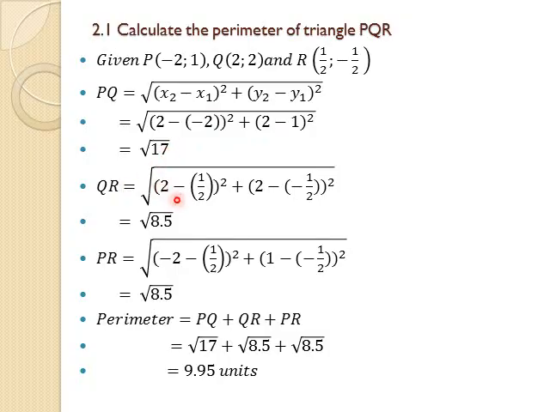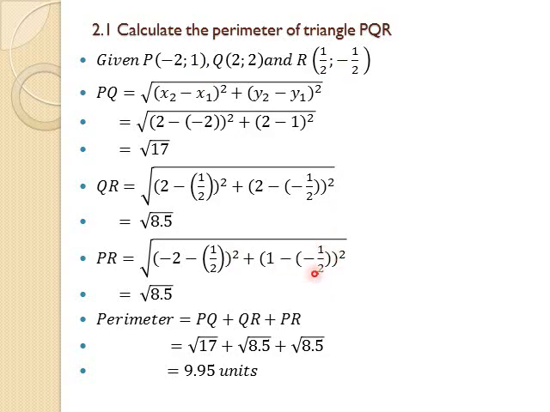For QR, 2 minus half. So 2 minus half gives me 3 over 2 squared, plus 2 minus minus half gives me 2 plus half, which is 5 over 2 squared. That becomes 25 over 4 plus 9 over 4. If we simplify on your calculator, you should get 8,5. For PR, it's going to read minus 2 minus half squared plus 1 minus half squared.